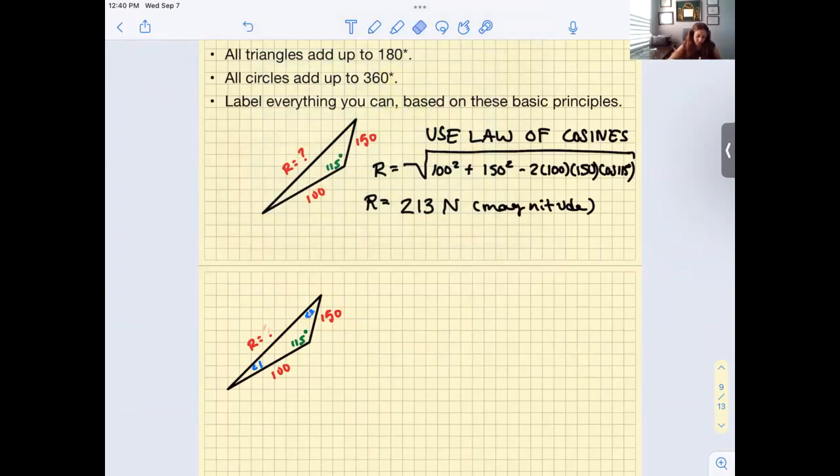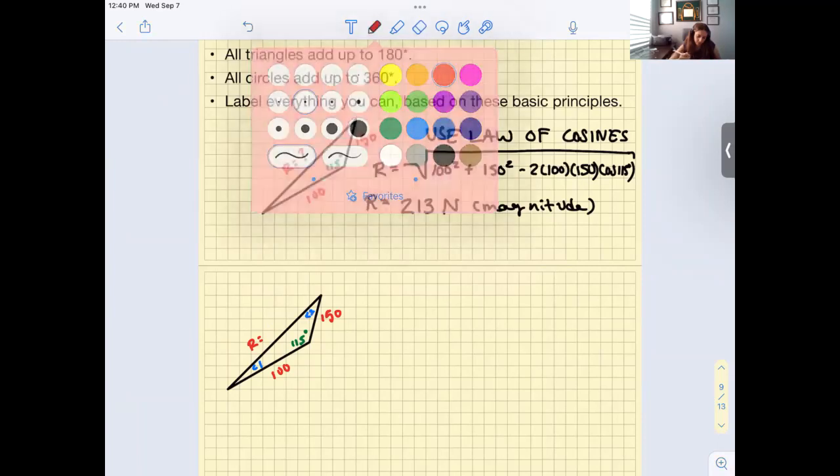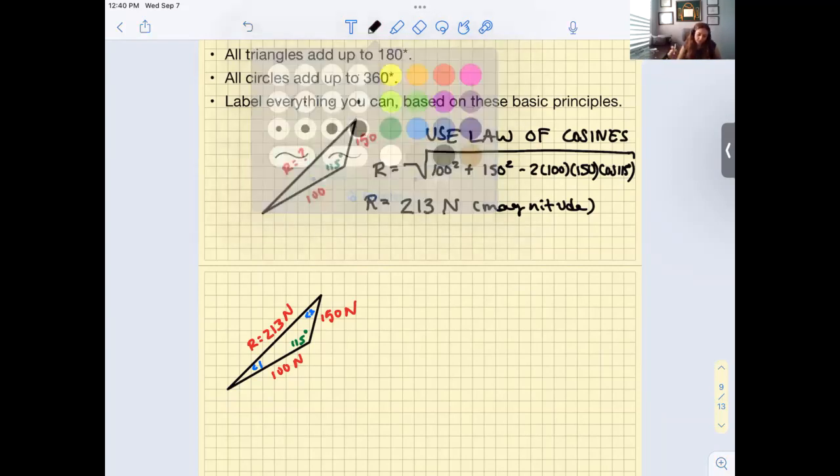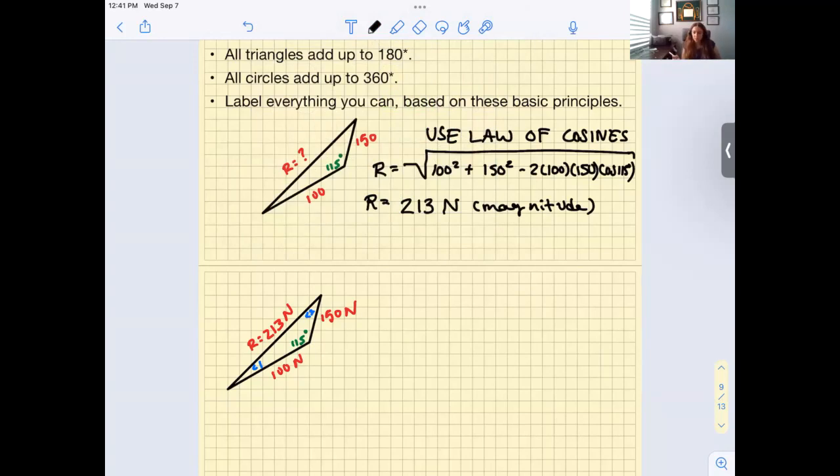We already know we solved for R. It is 213 newtons. Now we can use law of sines because you can only use law of sines when you have the side and the angle across from it, right? And so now that we have that angle and the side, we can use it to find those other angles.